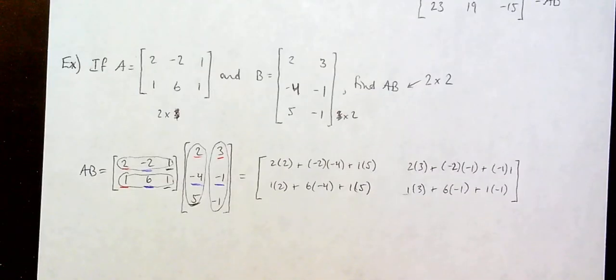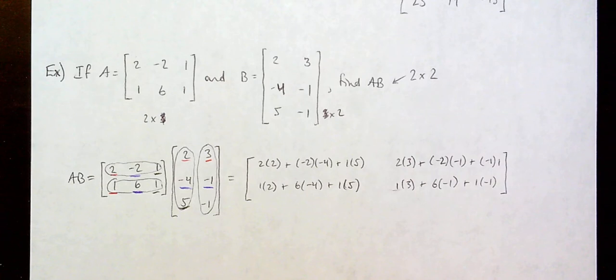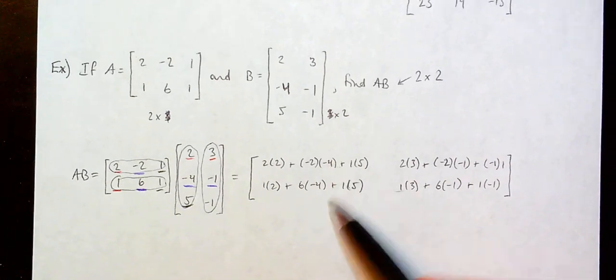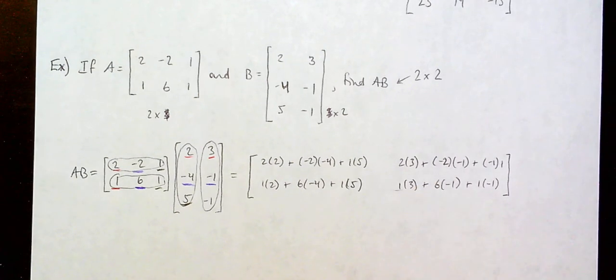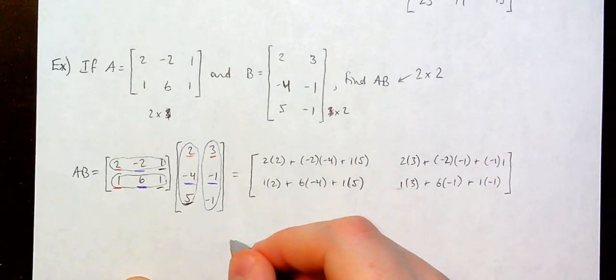That's the main thing you have to keep to. Otherwise, the sequence in which you find these numbers doesn't matter. It's going to be the same matrix no matter what.